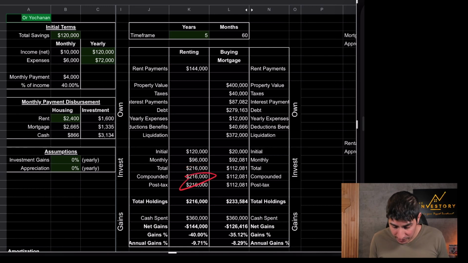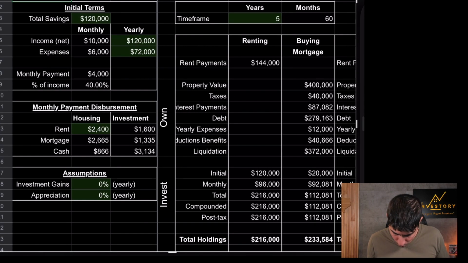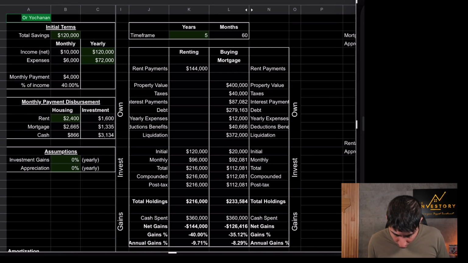The compounded interest effect is, well, the same because I have 0% of investment gains. So in this specific example, there are no gains. It's like I put my money in the bank, didn't touch it at all. So with that out of the way, we see that the total holdings at the end of the time period that we have are $216,000.